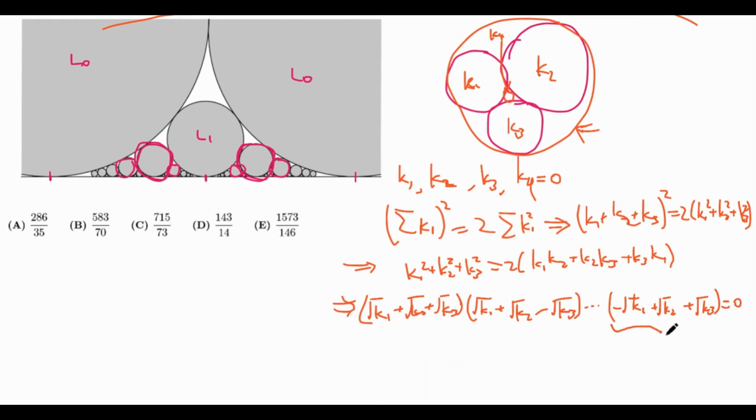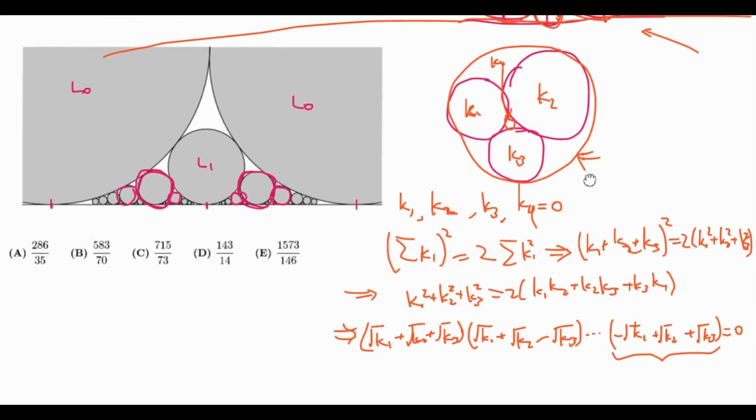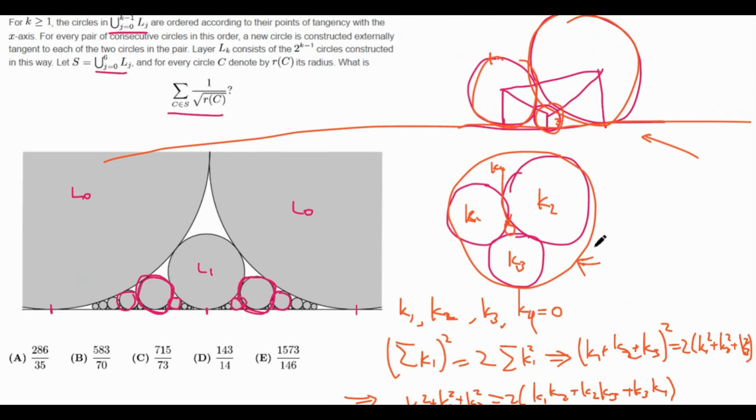So let's first look at one term. Let's let k1 and k2 be these circles, and k3 be this circle. So clearly we see that the circle with k3 curvature is smaller than the circles with k1 and k2 curvature, which means that the curvature k3 is greater than both k1 and k2.